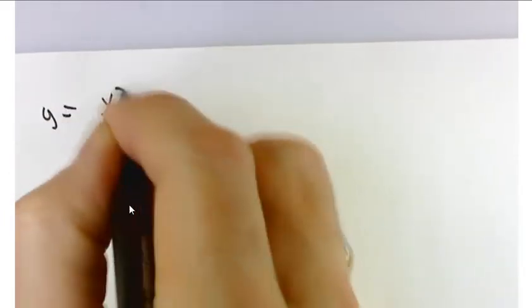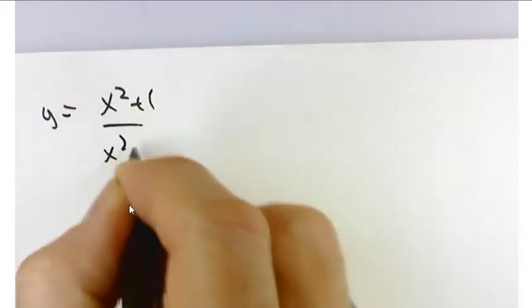Let's try some more here. Let's go all the way up to problem number 4. A little bit similar to one that we did earlier. Problem number 4 is y equals x squared plus 1 over x squared minus 4.